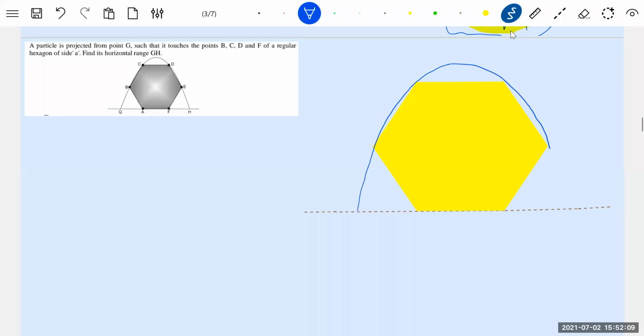Okay, somehow I managed it. Let's get into this. So these are the points B, C, D, E, A. This is what the question is telling. What symbols are there? Let me use those symbols only here. F, H. It is projected from here with a speed u at an angle theta.